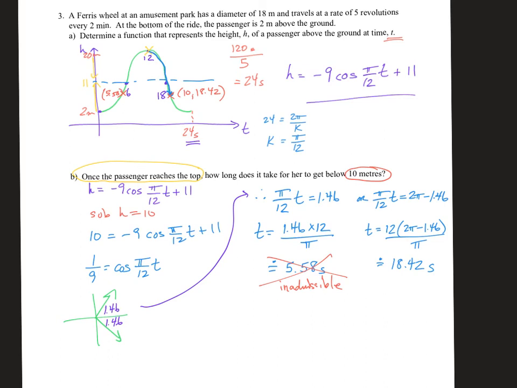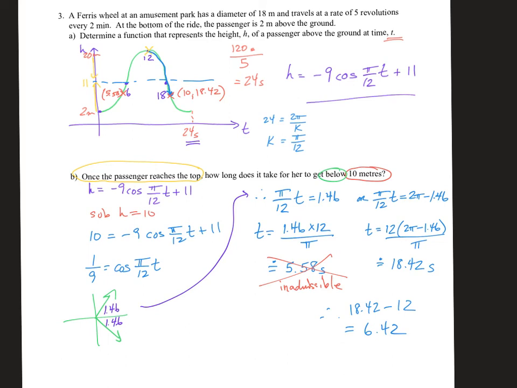So we then might say, okay, well then my answer has to be take the 18.42 and subtract off the 12. And so we come in at 6.42. If you gave me an answer of 6.42, you were doing great. It's not correct, but you are doing great. Because this is where we need to work in the word below.